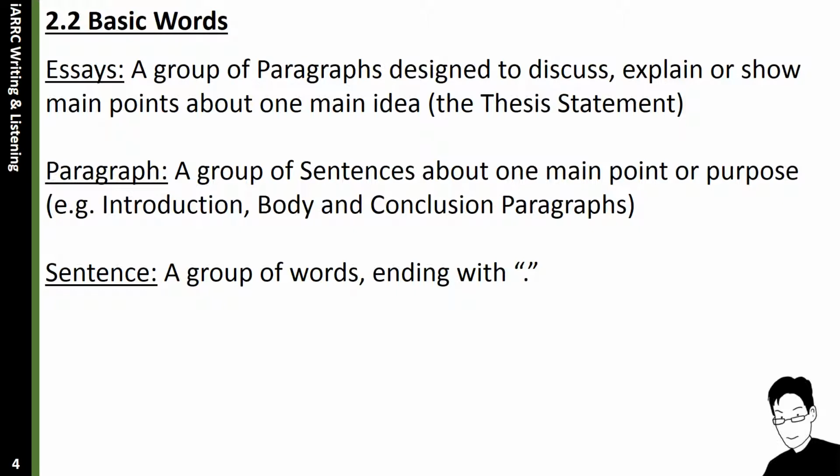In an essay, there are usually many paragraphs. A paragraph is a group of sentences about one main point or purpose. For example, an introduction paragraph, a body paragraph, or a conclusion paragraph. And each paragraph type has a different style of structure. For example, the structure of an introduction paragraph is different to a body paragraph's structure and a conclusion paragraph's structure.